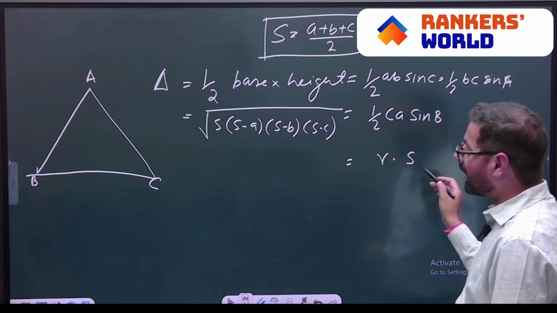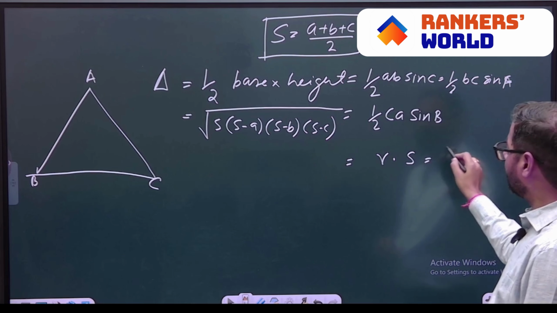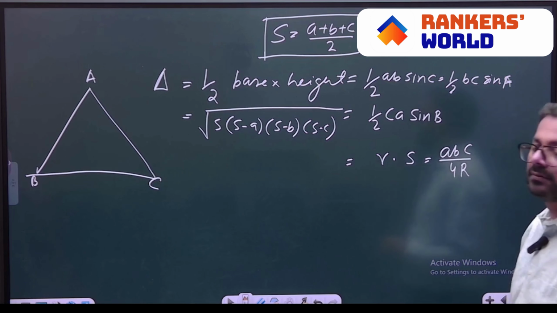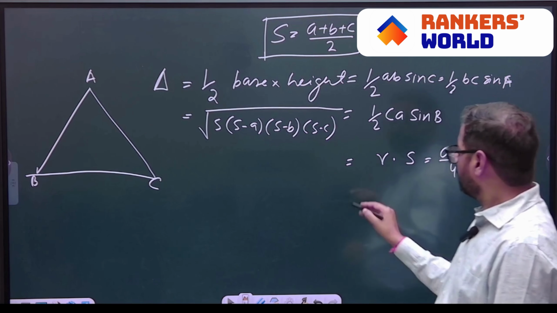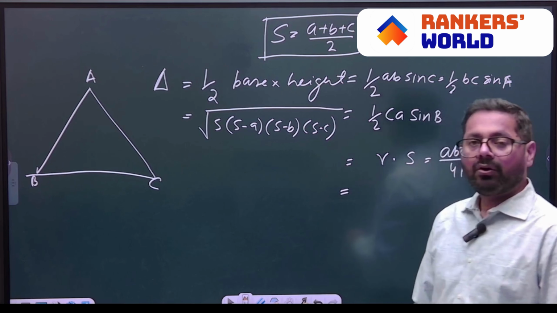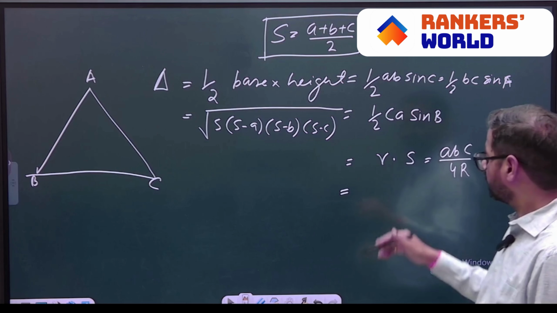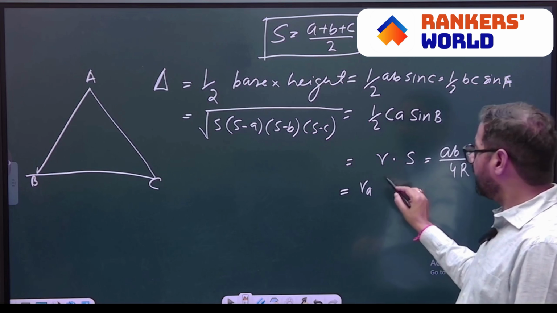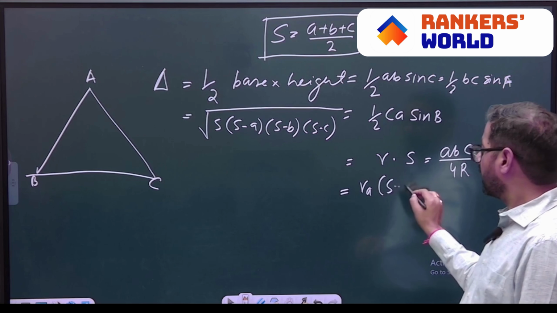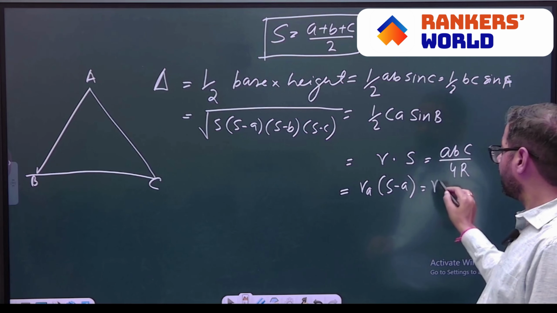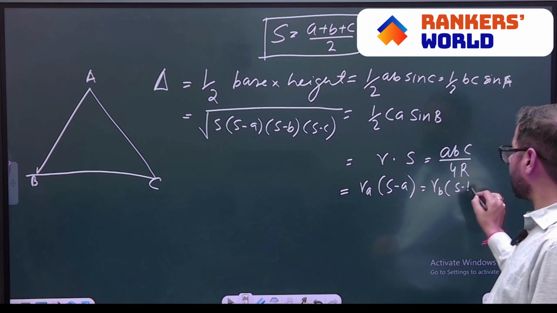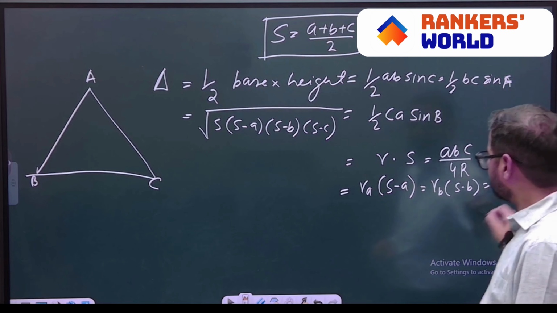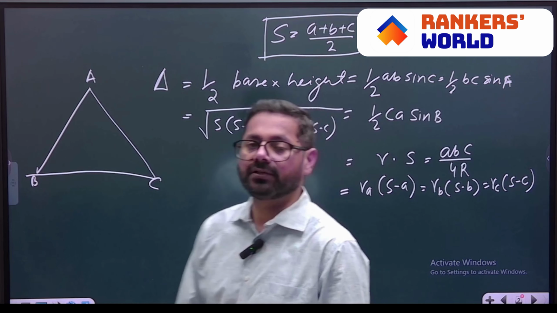So this is small r into S, again ABC upon 4R, or RA into S minus A, RB into S minus B, RC into S minus C. This is also an area formula.